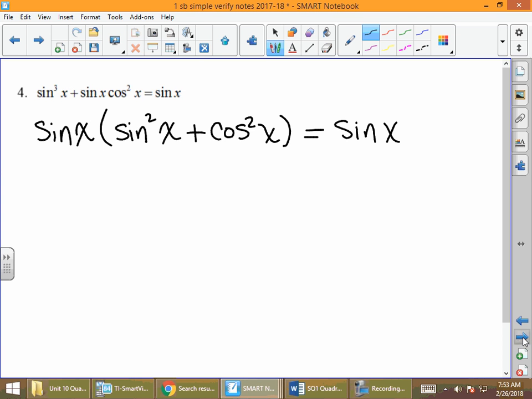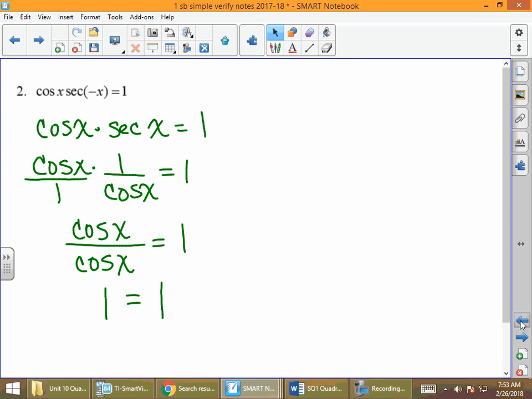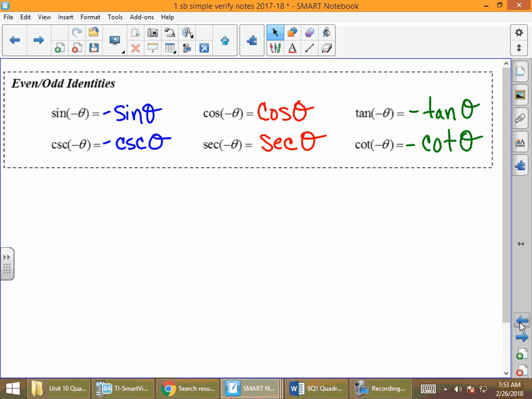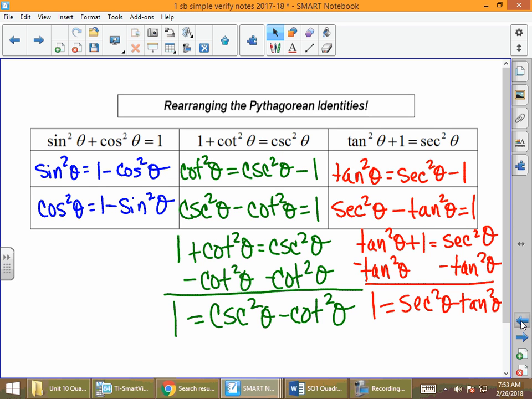And here's the thing, again, as I flip back to the Pythagorean identities, going back to the blue here, what we did in our last unit is we had to use the sine squared equals 1 minus cosine squared theta, or the cosine squared theta equals 1 minus sine squared theta. We can now use the fact that we've got sine squared theta plus cosine squared theta equals 1.